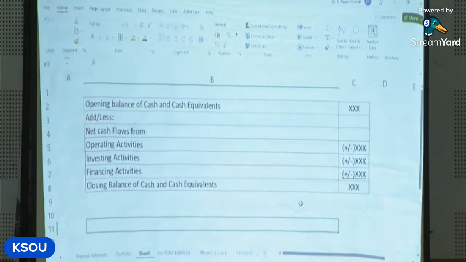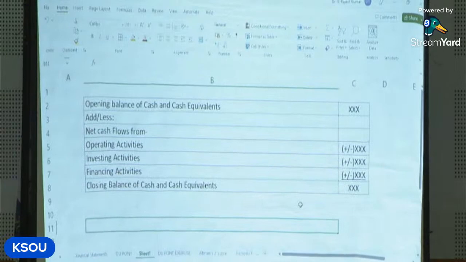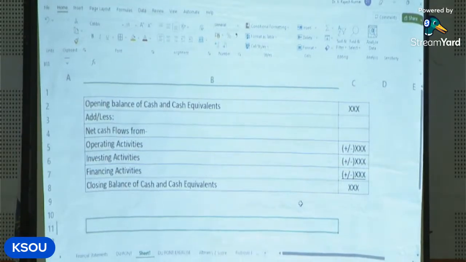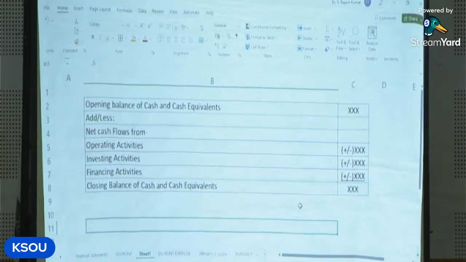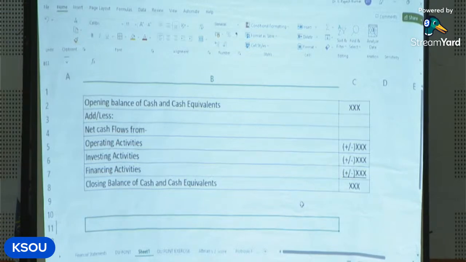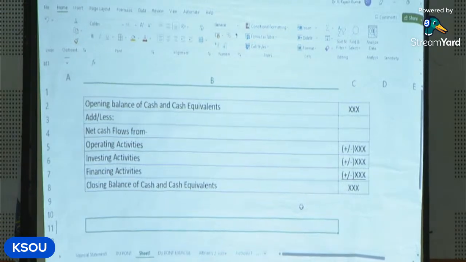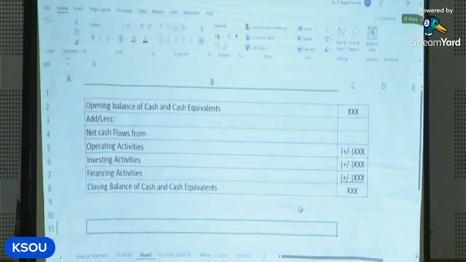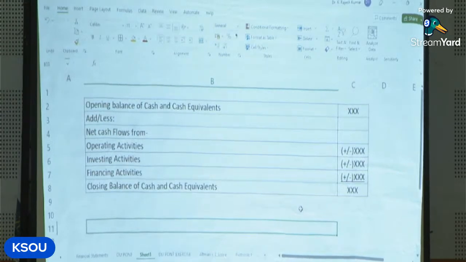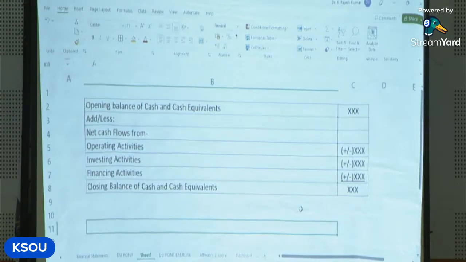If the difference is negative, what does it mean? This year we have invested more in fixed assets. If the difference is positive, there's sale of fixed assets, more. Now, financing activities, what are the cash inflows? Issue of shares, borrowing of loans in the form of bank loan, debentures, etc. Outflows, payment of interest, payment of dividends, everything related to financing, repayment of loans, redemption of shares, buyback of shares, all this comes under this.